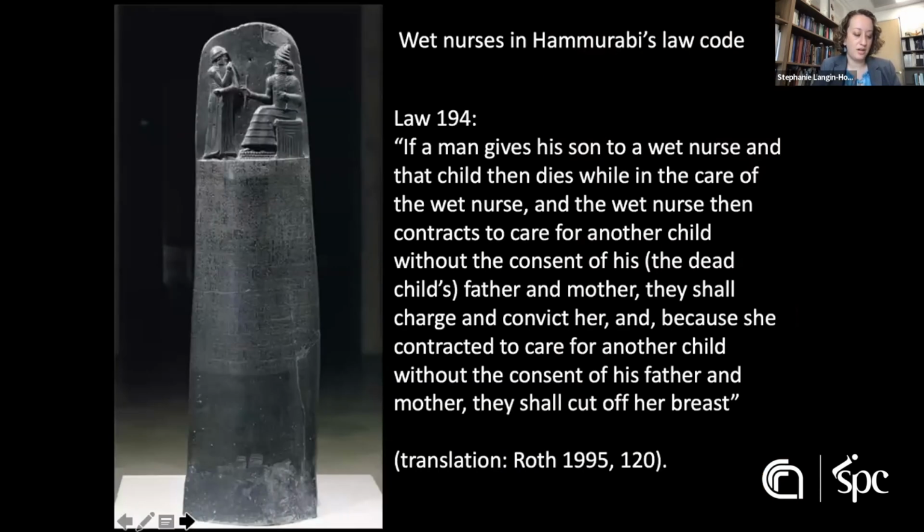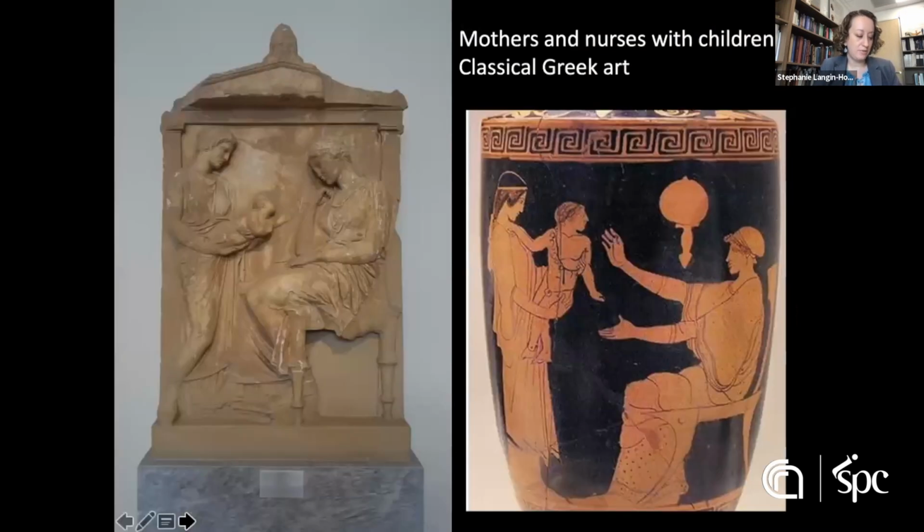Wet nurses were commonly employed in both Mesopotamian and Greek cultures and could be beloved by the children that they cared for. Greek vase painting and stele often depict younger women as slaves engaged in childcare, and it can be difficult to distinguish nurses from mothers in Greek representations of private life.